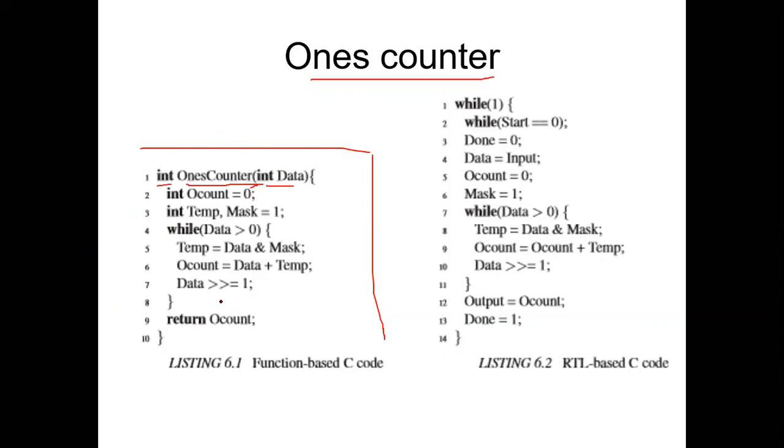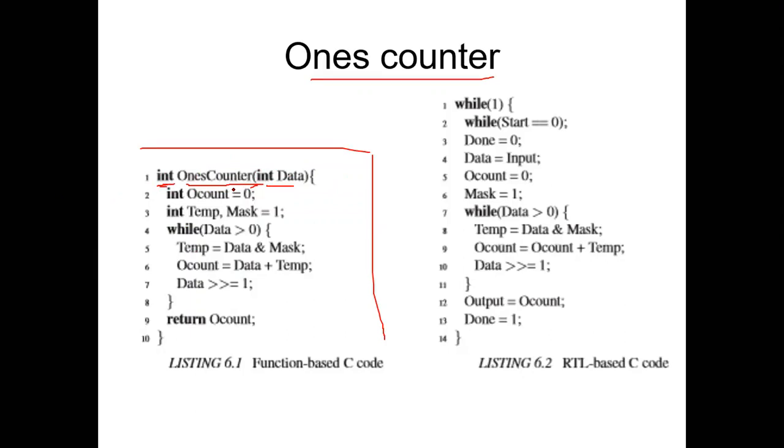The function name is ones counter, and the input will be an integer. Right now we are receiving it as data. We are declaring a variable data and receiving the input into that variable. Then the return type will be integer. This is clear, right? You already know C code. So same thing.